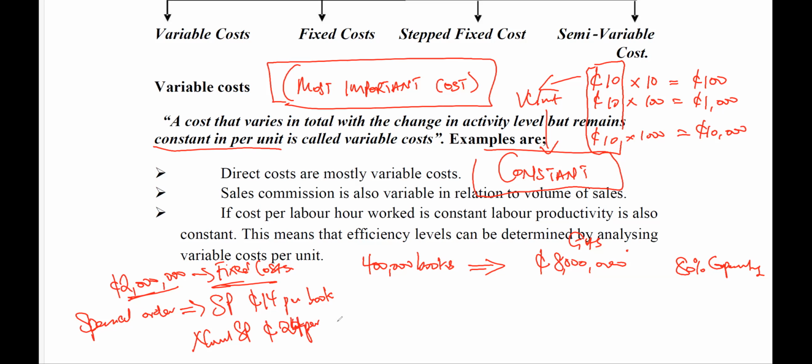So this is the special order we are getting, and this is our normal selling price, right? This is the only information that we have, and they said, should we accept or reject the order?